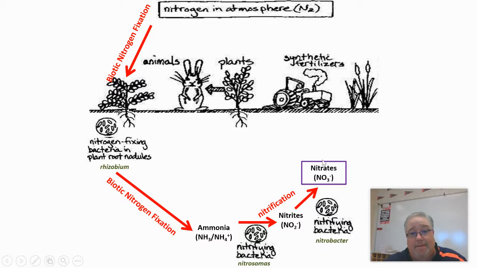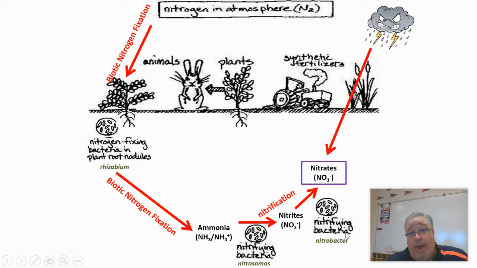Okay, nitrates are a usable form of nitrogen by plants and animals. So this whole process is being done so that we can get nitrogen in the soil that can be used by living things. Right? That's super duper important.